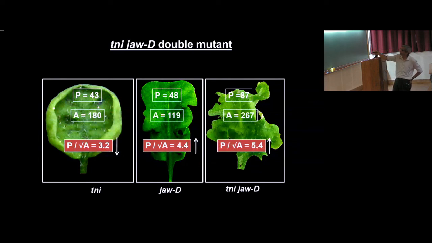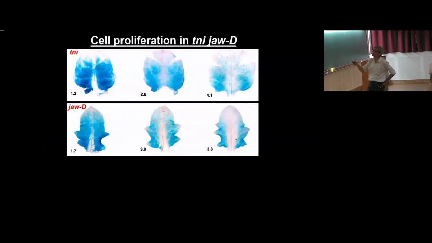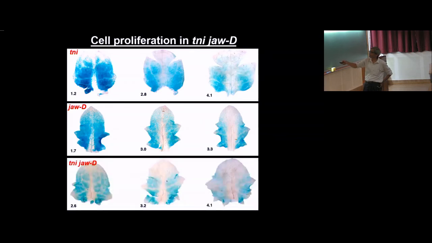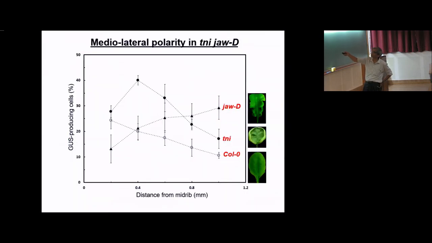And if you measure the cell proliferation gradient along this axis, these are the two parents. This is what it looks like. And if you actually do the measurement, this is the wild type, this is the TNI, the positive Gaussian curvature, and this is the one which is the negative Gaussian curvature. You see in the double mutant, it's a combination of both.